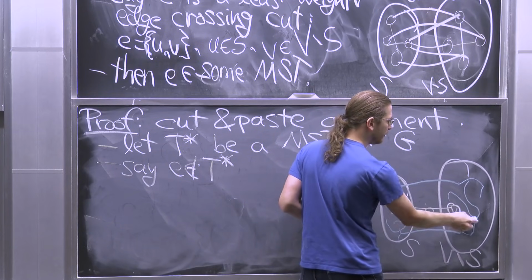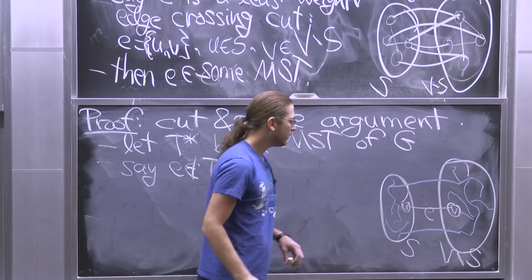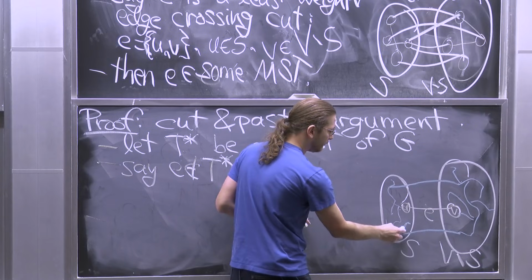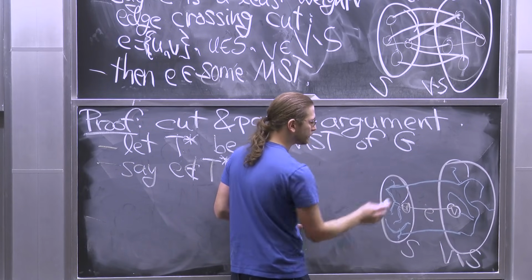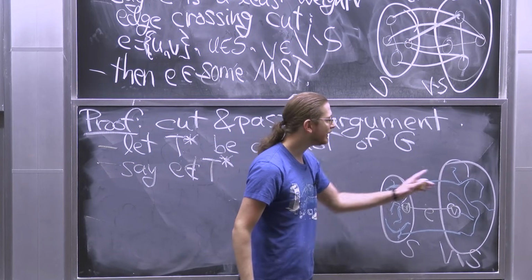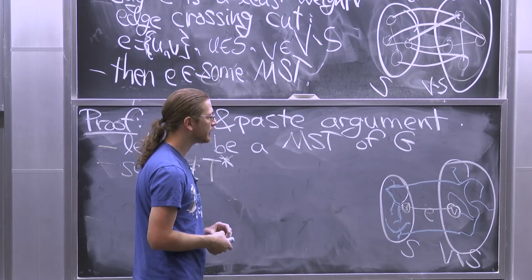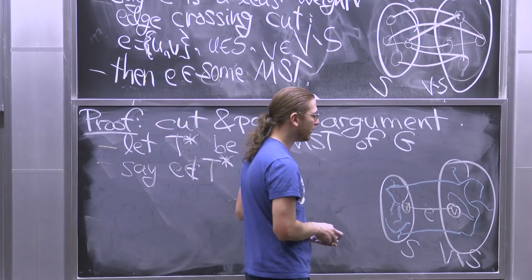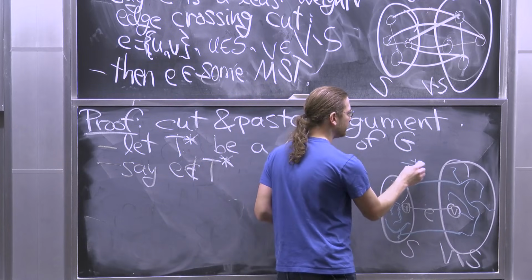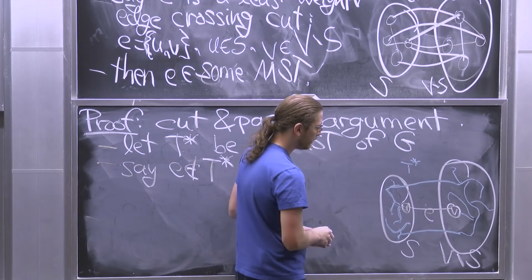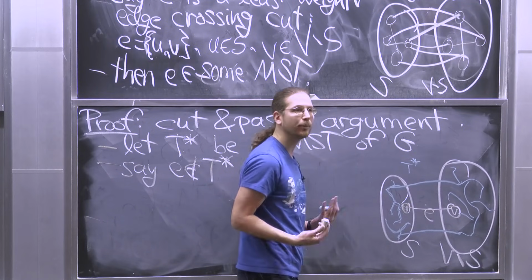So here's a possible minimum spanning tree. It happens to have sort of 2 components over here in S, maybe. Who knows? But there's got to be at least one edge that crosses over. In fact, the minimum spanning tree, T star, has to connect vertex U to vertex V somehow.